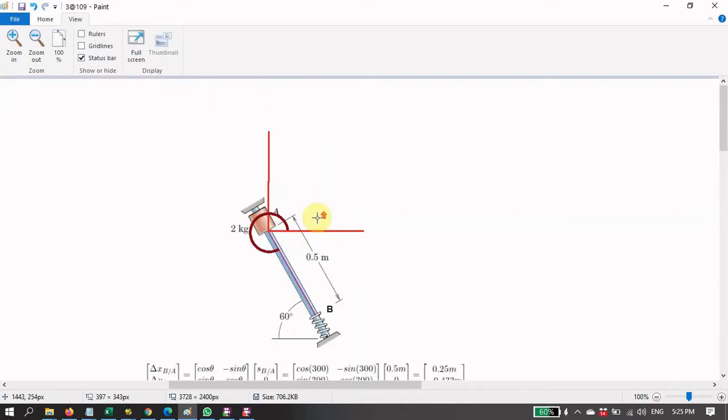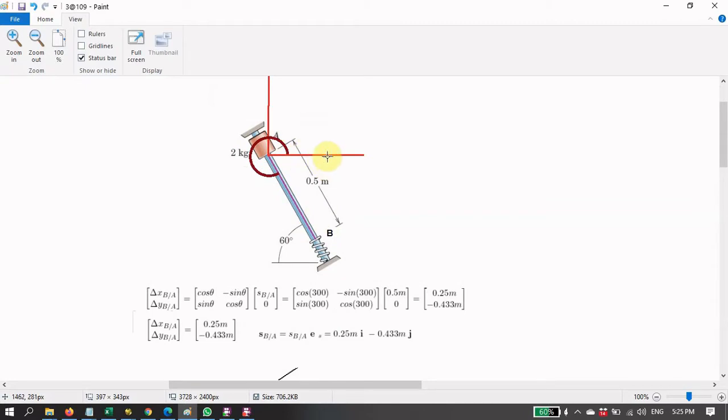We can also have X and Y. This one is X, this one is Y, right? So I'm using the coefficient matrix in order to convert the distance traveled by the collar into the rectangular coordinate system.